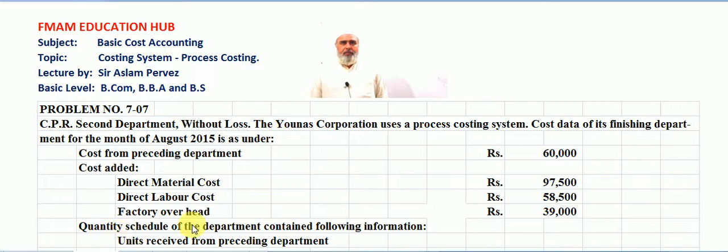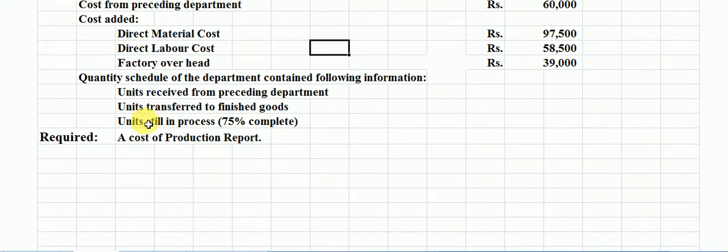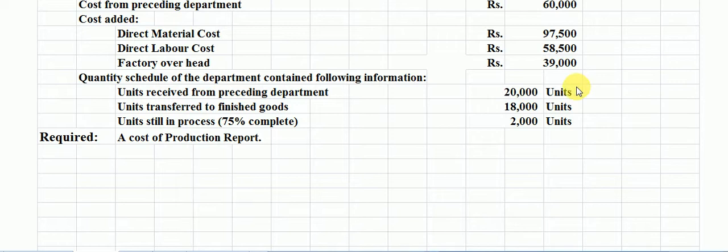Quantity schedule of the department contains the following information. Units received from preceding department is 20,000 units.